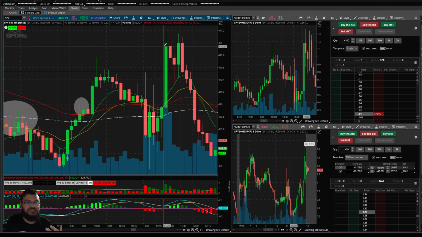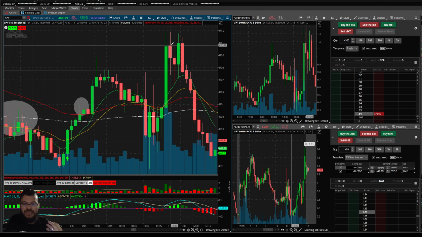I can see myself waiting for the close of this candle and getting in on the following candle open. Now, there is a caveat to that message. That would have been the 2023 version of me.